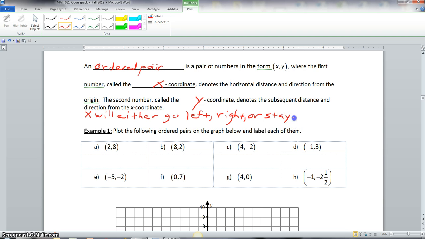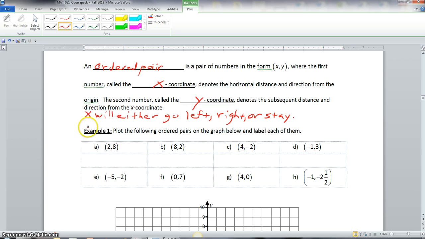Now all of this is in relation to the origin. It will either go to the left of the origin, to the right of the origin, or it will stay where it's at. For the x value to go to the left of the origin, x must be negative. For the x value to go to the right of the origin, x must be positive. For the x to stay, the x value must be 0.